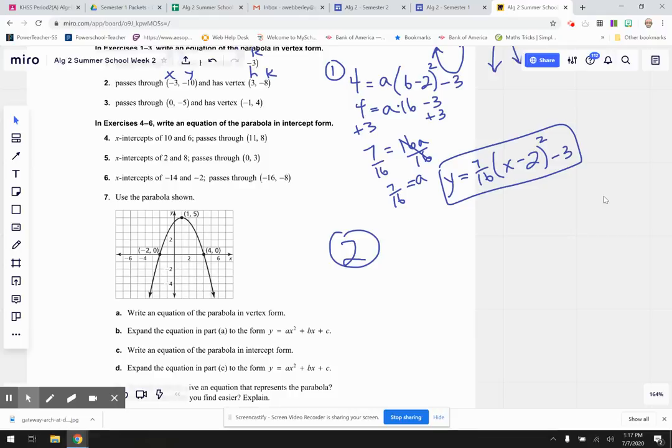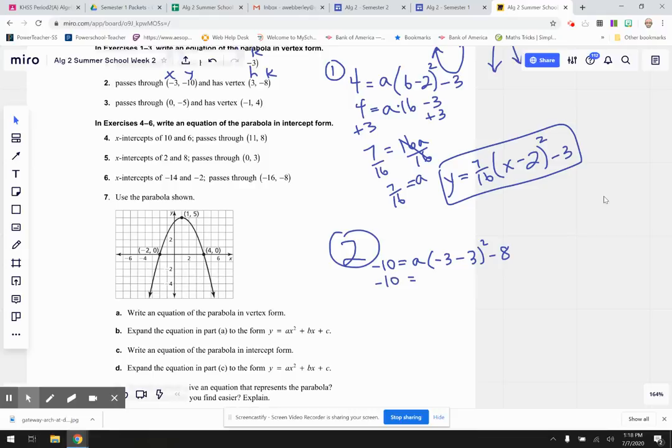Okay, so let's plug all that in. So we're going to get y equals, which would be negative 10 equals, a is what we're trying to solve for to get our equation. X is negative 3 minus h, and the h is 3, so it's just negative 3 minus 3 squared, and then plus k means plus negative 8, which is just the same as minus 8. So we bring down the negative 10.